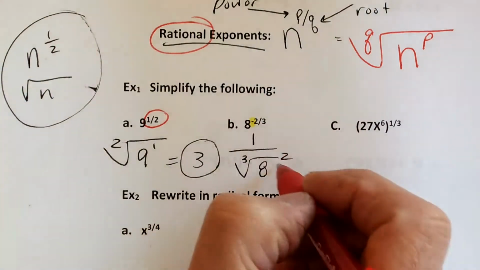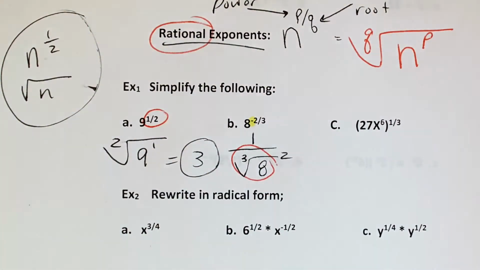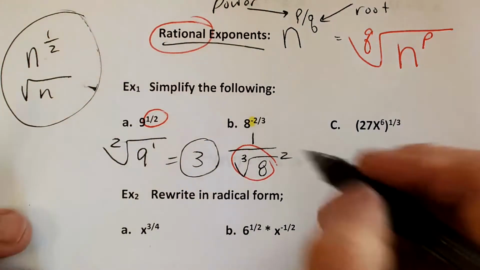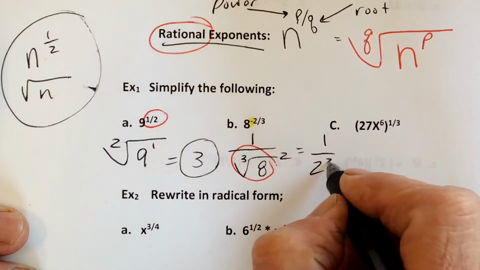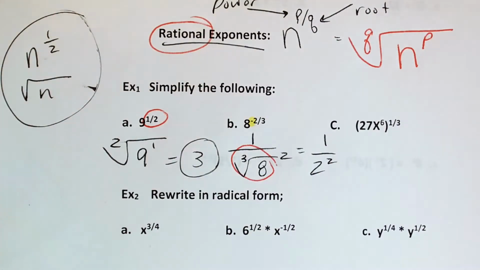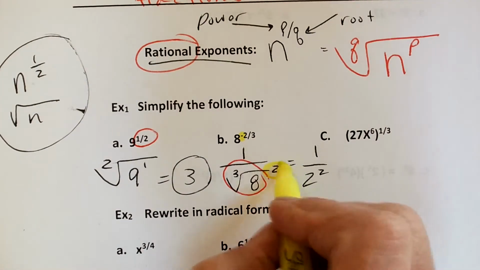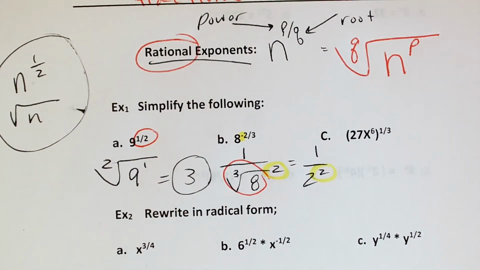I know the cube root of 8 is 2, because what times what times what makes 8, right? It has to be 2. So then we get a 1 over 2 squared, because I still have this square here. I have not applied the square yet, but I will now. 2 squared is 4, so it's 1/4.